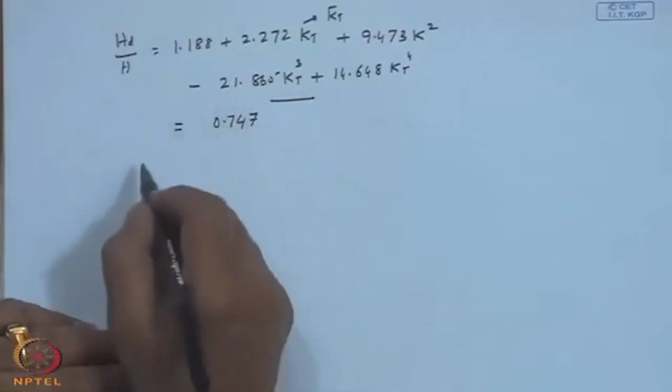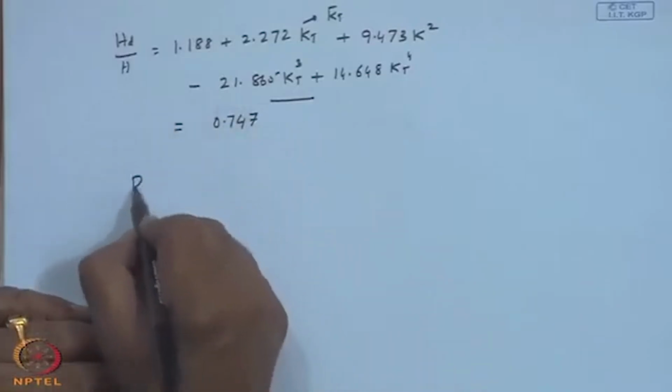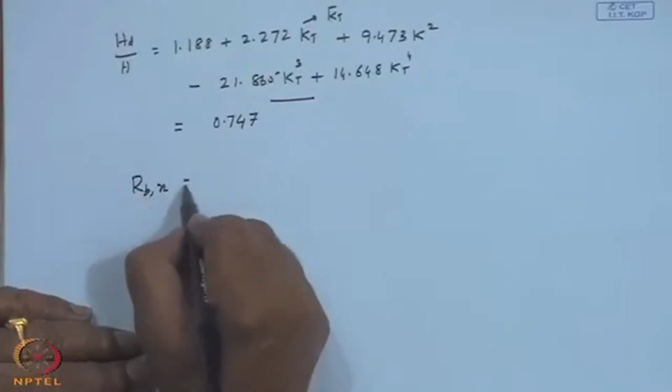This is not given to you, this is given to you, you should be able to say, okay, this is h d by h. Now, we also require R b at the noon time.